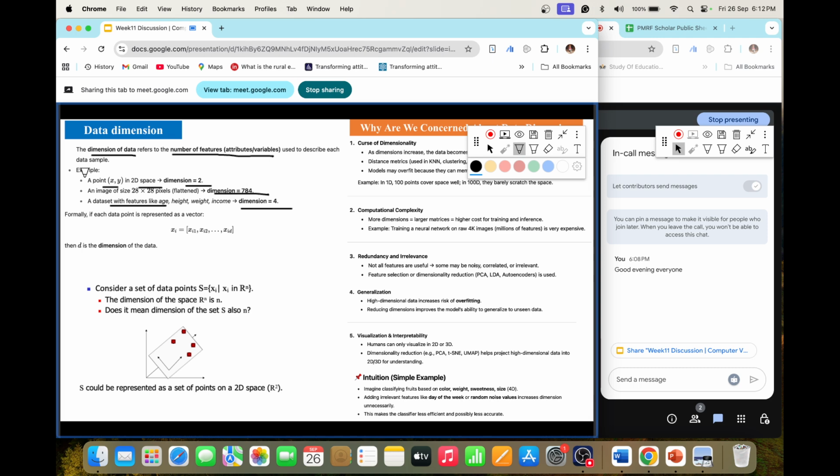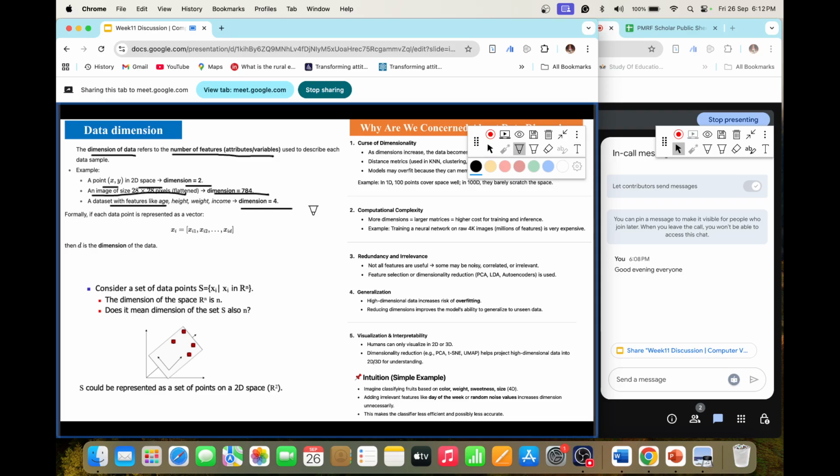Regarding images, because we are discussing computer vision, if it is a 28 cross 28 pixel image, how many dimensions does it have? It has 784 dimensions. So if your dataset has 60,000 images, each image has 784 different axes, or 784 different dimensions, or 784 different features, also called attributes.